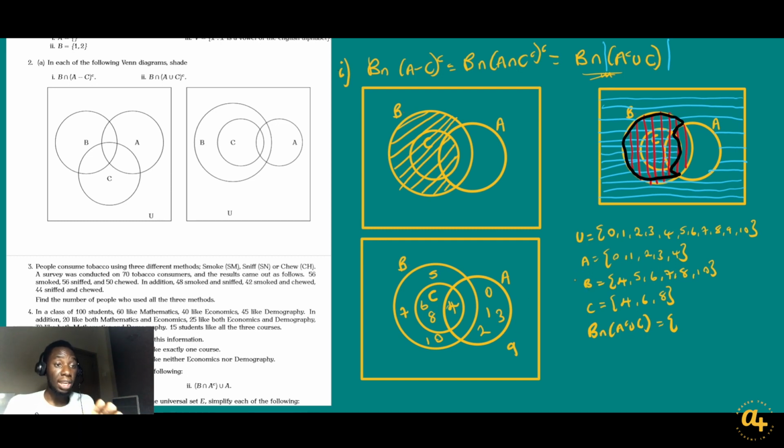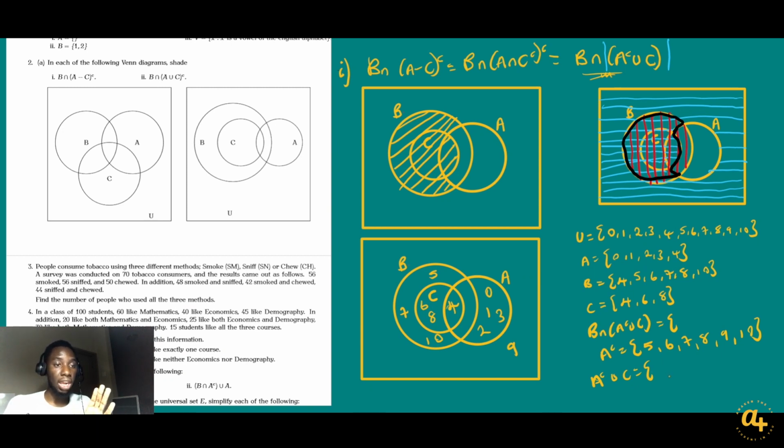Now let us find the set B intersection A complement union C. Like we did in the previous part, we're going to start with finding A complement. So A complement is everything that is not in the set A, and we can see here that A complement is going to be 5, 6, 7, 8, 9, 10. Now let us find A complement union C. What is our A complement union C?